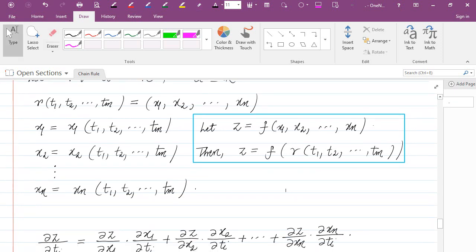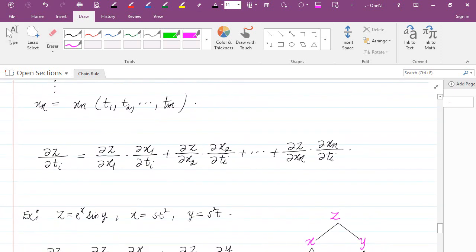So let's pick ti, where i is between 1 and m. What's the partial derivative of z with respect to ti?